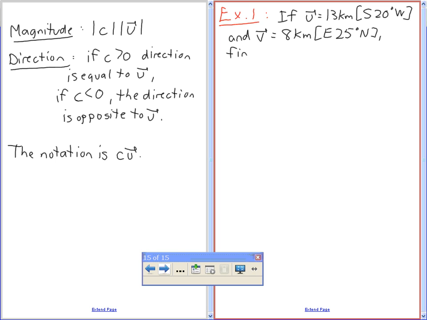Find the direction and magnitude of 3u minus 2v.